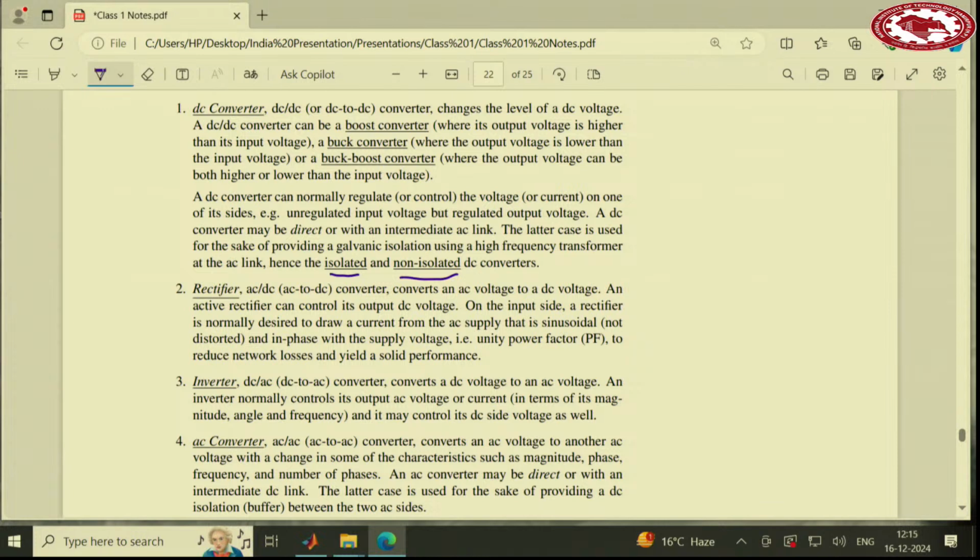We have rectifiers, AC to DC, converting AC to DC, as the name indicates. And AC could be single phase or 3-phase. So the power flow is from AC to DC in this one. And that's why it's called a rectifier.